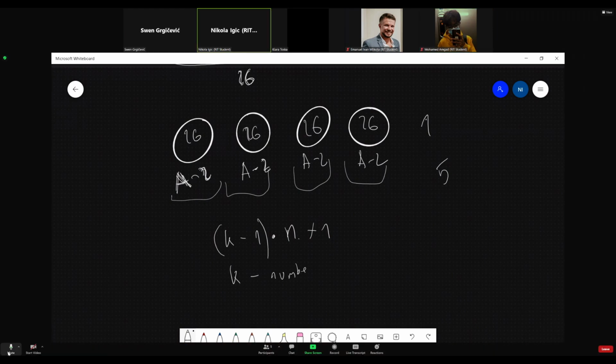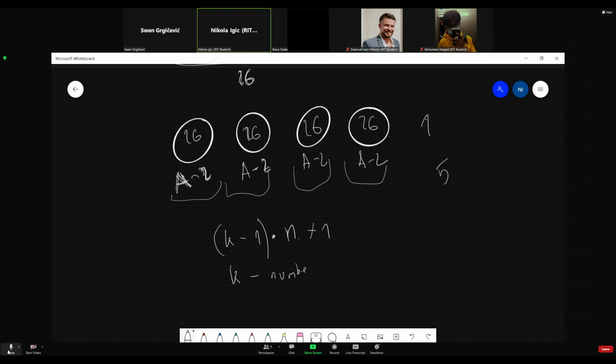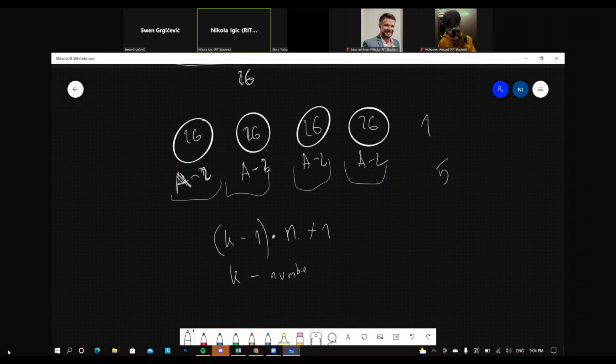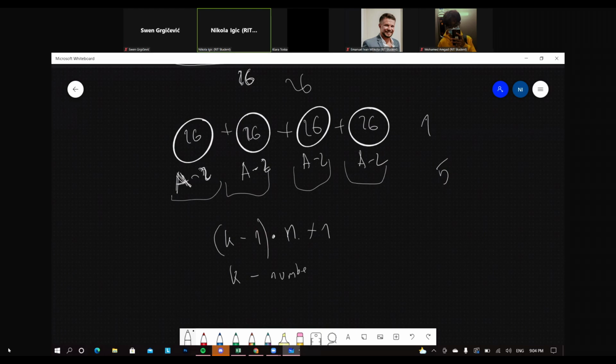I think it's k minus 1 because you need to get 4 times 26. Do you see? Because we have 26, we basically need 26 plus this plus this plus this plus 1.